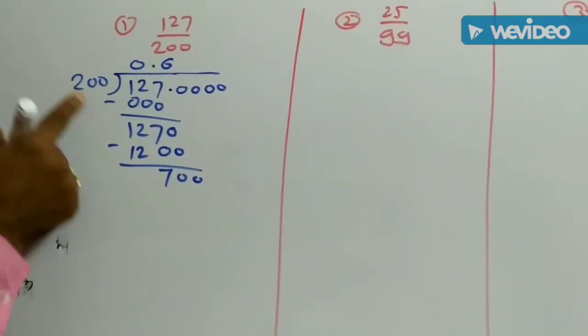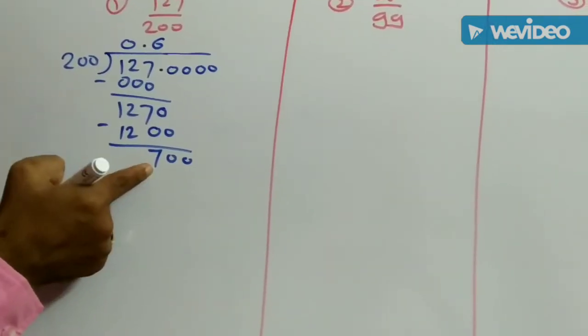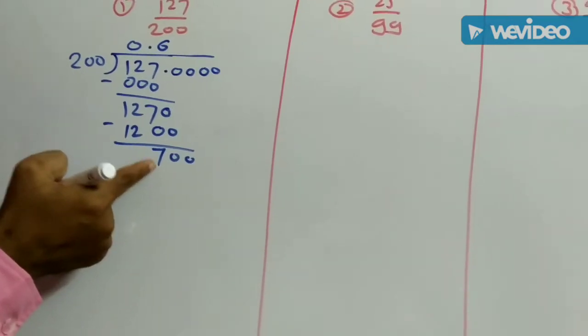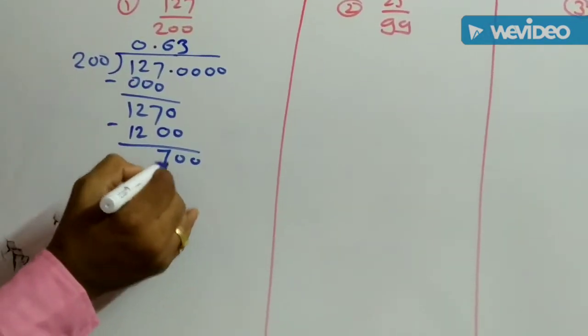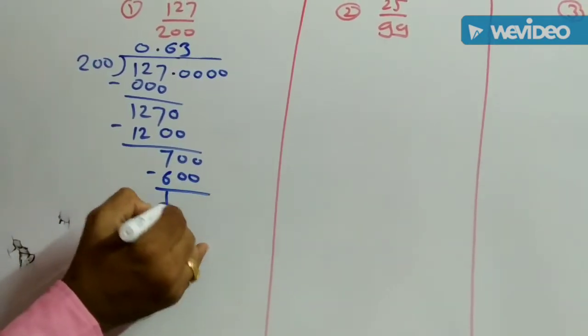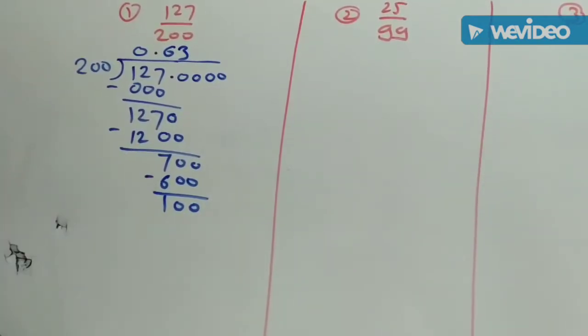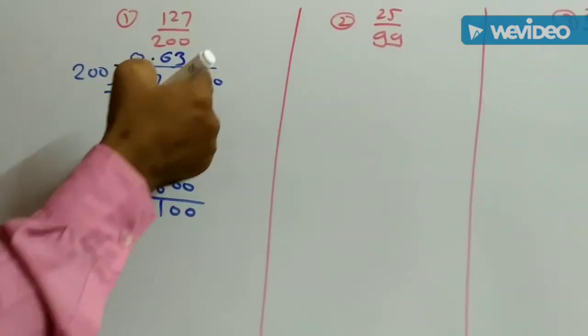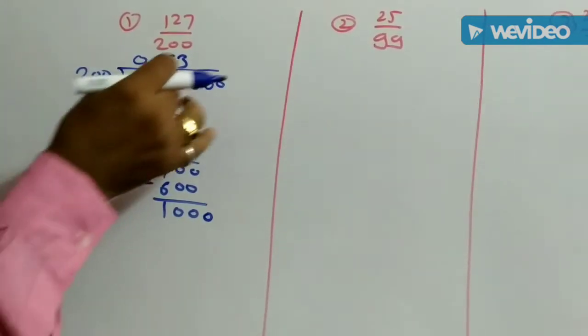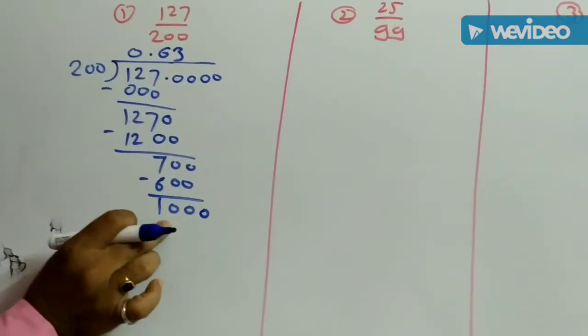Now the table of 2 up to 7. 2 threes are 6, 2 fours are 8, but it is less than 8. Therefore 2 threes are 6. 20 as it is. Now taking the subtraction, 700 minus 600, that is 100. Now taking the next 0, we get 2 fives are 10.